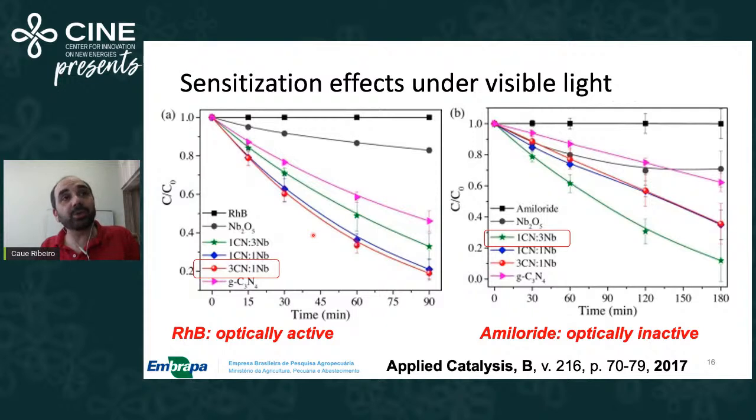But when we try to do the same with a pesticide, in that case, amyloride, what we see is that the system is not optically active. And what we see in that situation is that the system inverts the behavior.